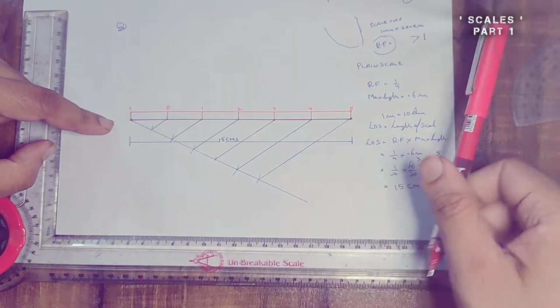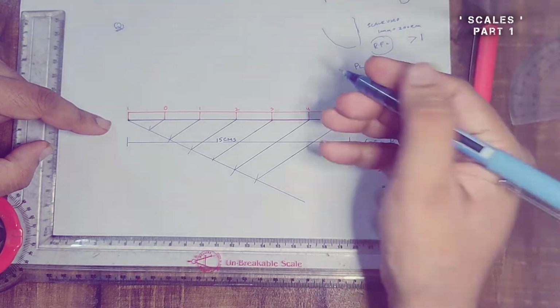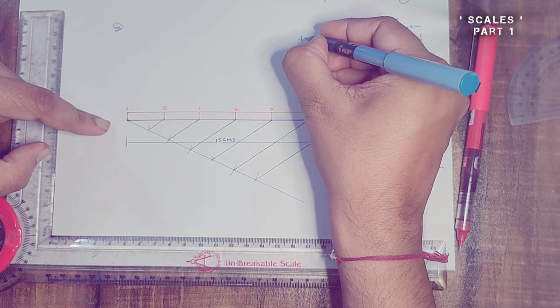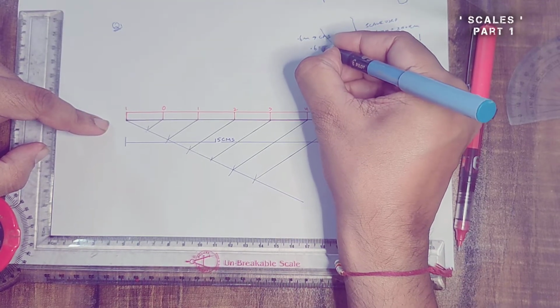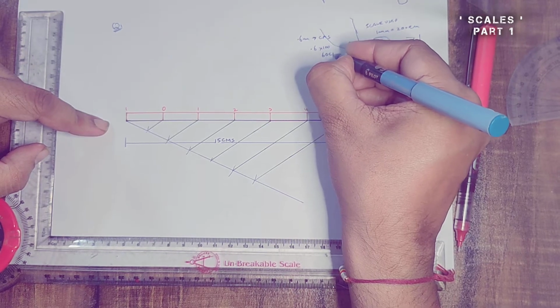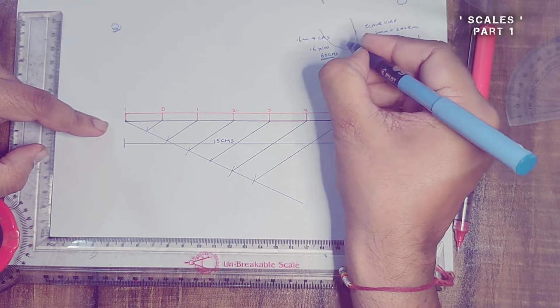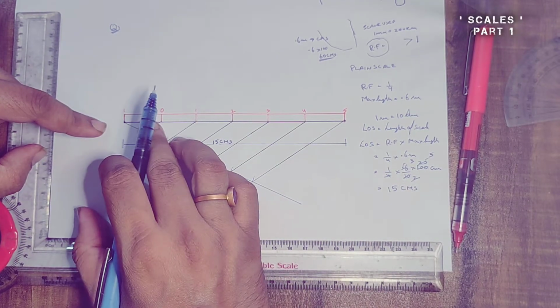So what we need to show here is, you can convert 0.6 meter into centimeter. 0.6 into 100 means it is 60 centimeters long. This is 60 centimeter. So what is this length? This is 10 centimeter.